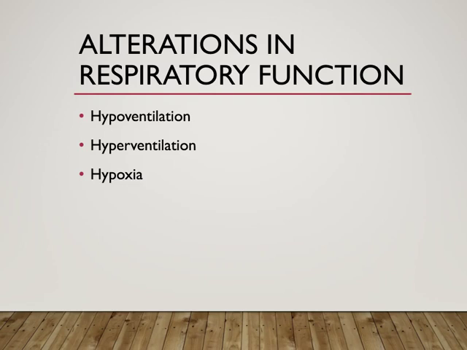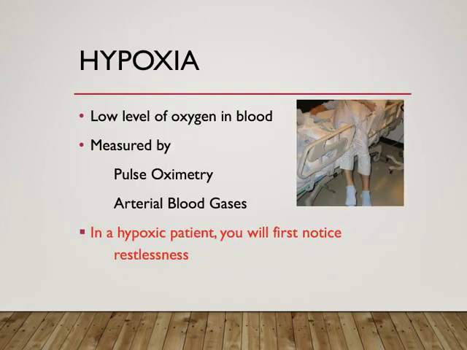You'll first see restlessness when a patient's O2 goes down, as we'll look at in a slide in a minute. You first see restlessness, inability to concentrate, and then a decreased level of consciousness. I'll tell you in class a story about a student and me in long-term care and a patient who was hypoxic.